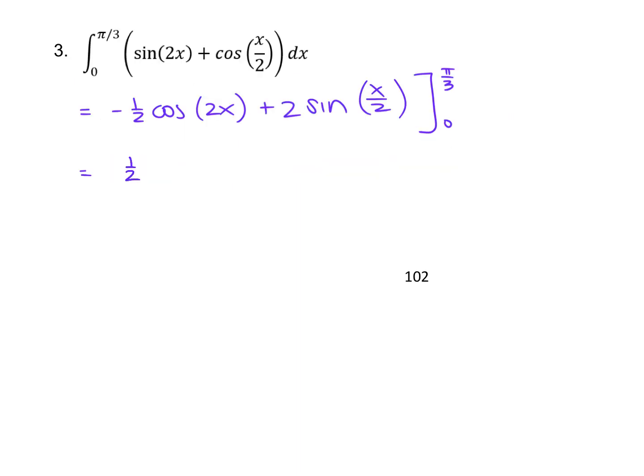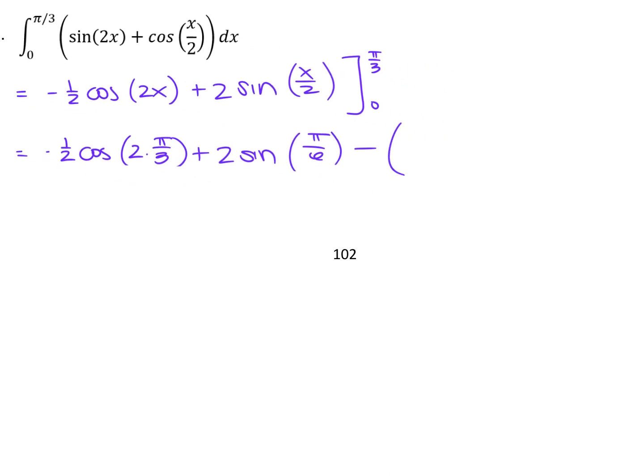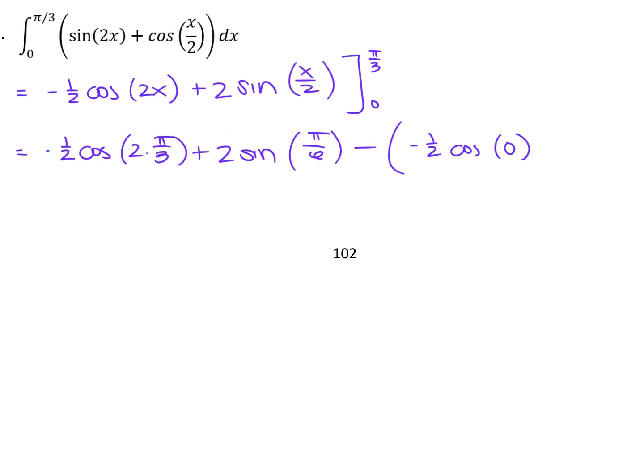Negative 1/2 cosine of 2 times pi over 3 plus 2 sine of pi over 3 over 2 would go to pi over 6, minus, and I would always use parentheses when there are multiple terms being subtracted, just to be careful with that. Negative 1/2 cosine of 0 plus 2 sine of 0.